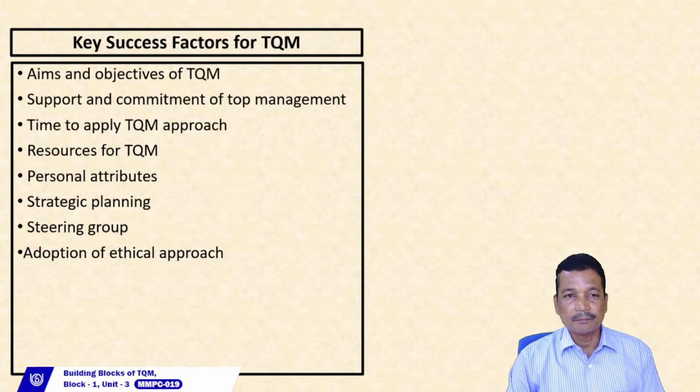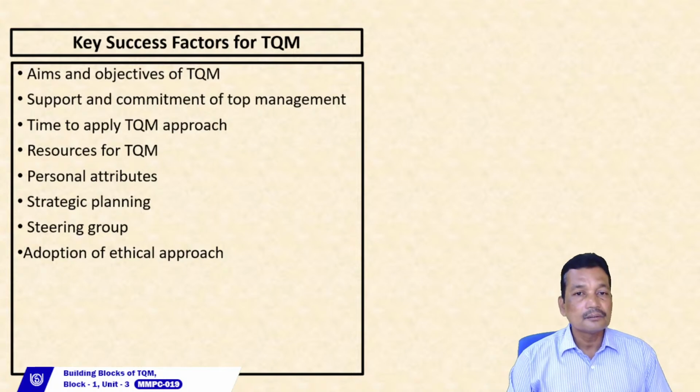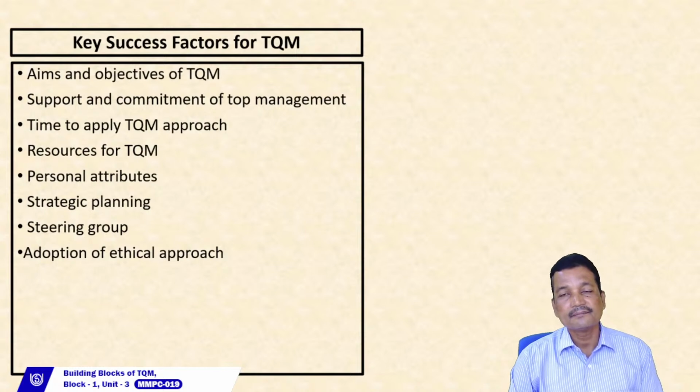Resources for TQM. Now, in order to have total quality management in the organization, we require certain resources. Resources in the form of human resource, like the head of the TQM department, we can say.